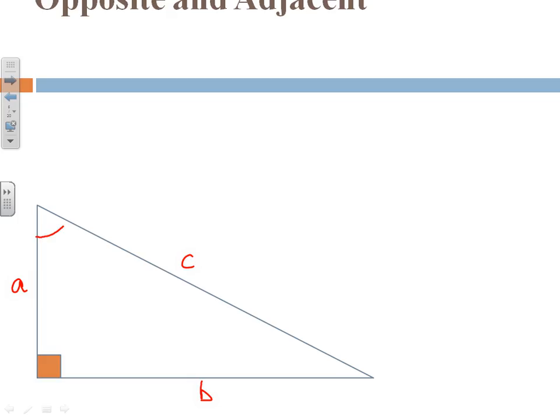So this angle right up here on the top of our triangle is going to be called angle B. And whenever we talk about angles, we use capital letters. And whenever we talk about sides, we use lowercase letters. And this angle right over here is going to be called angle A. So what we're going to notice is that every angle is made up of two sides. Angle B is made up of sides a and c.